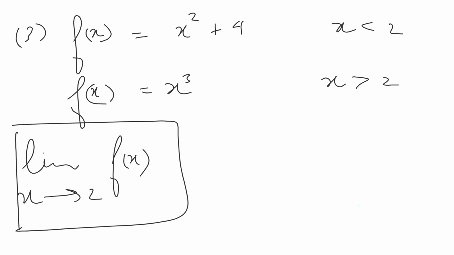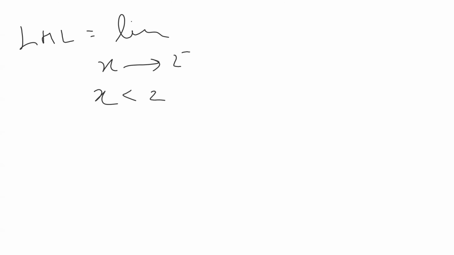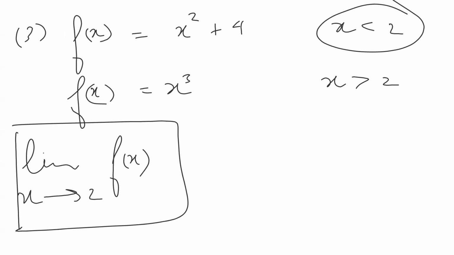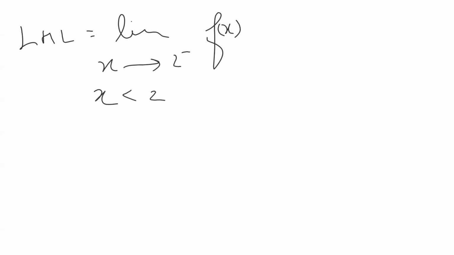Now let's see what is happening over here. The left hand side limit, we will calculate LHL. X is approaching 2 minus, minus indicates left hand side limit. X is approaching 2 from the left hand side. All the left hand side values of 2 are lesser than 2. If you take a look at the question, x lesser than 2 is this, so f of x will be x square plus 4.